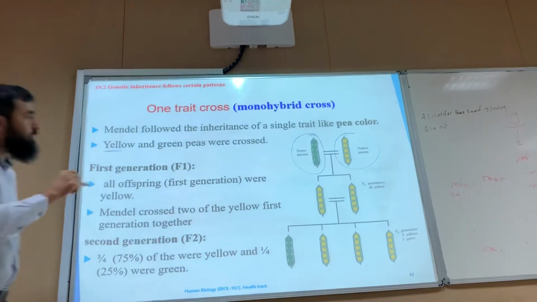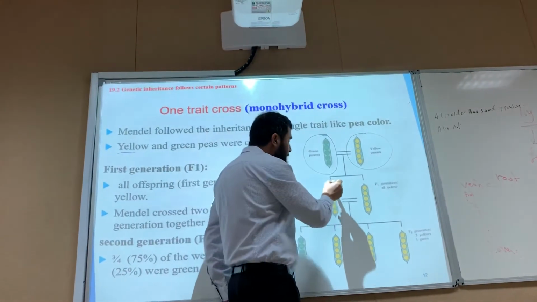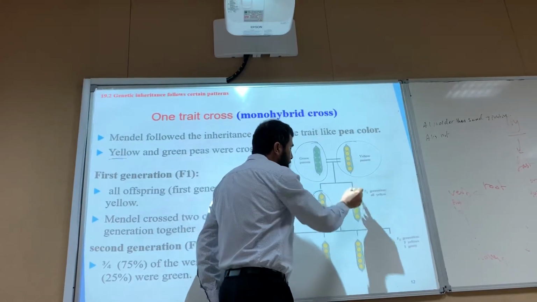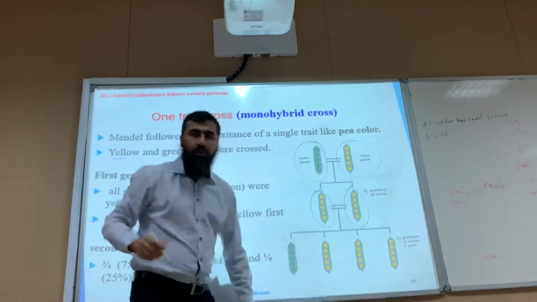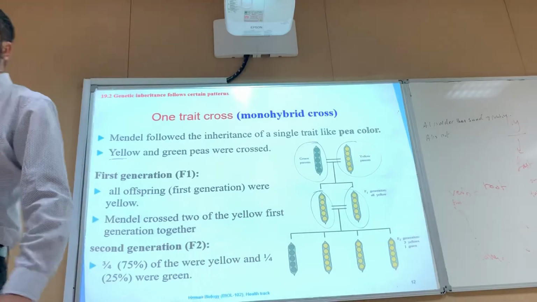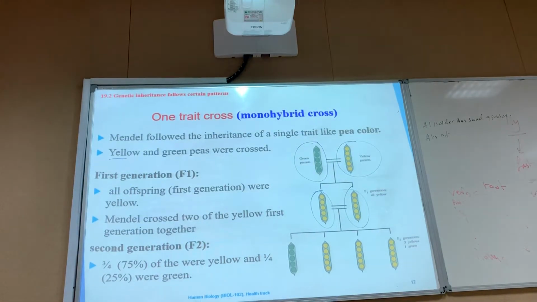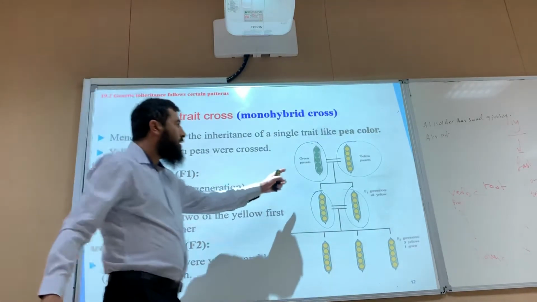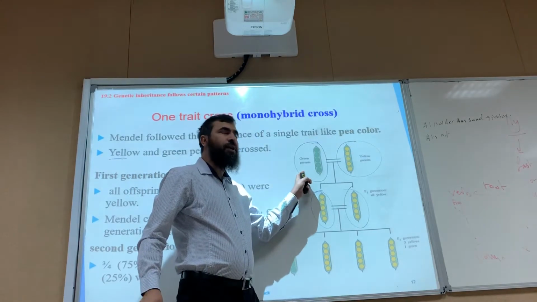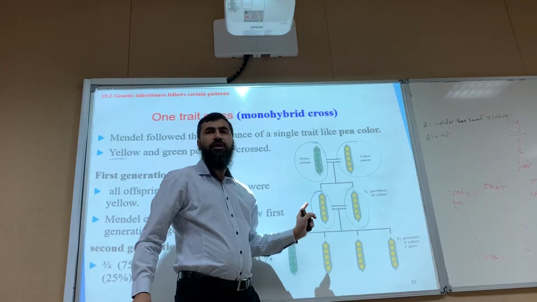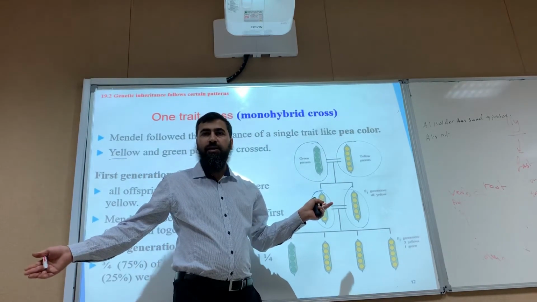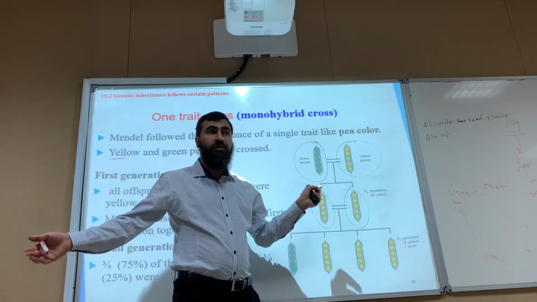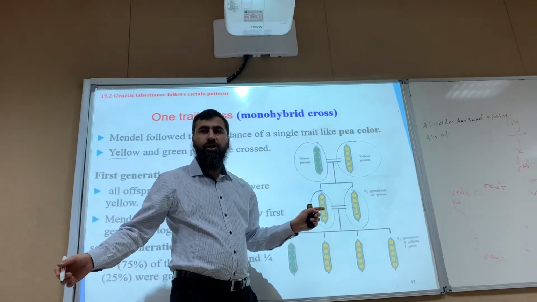When he did the experiment, he found that all the plants are yellow. What does that mean? Yellow is dominant. Now you understand what dominant and recessive is. Because you crossed a green with yellow, but you never get any green, just the yellow. So the yellow color is dominant over green.